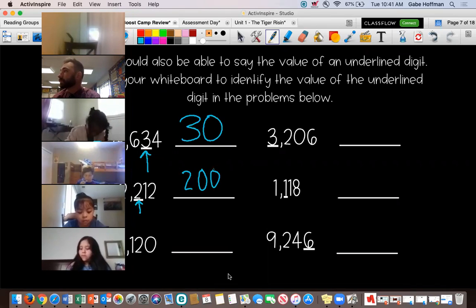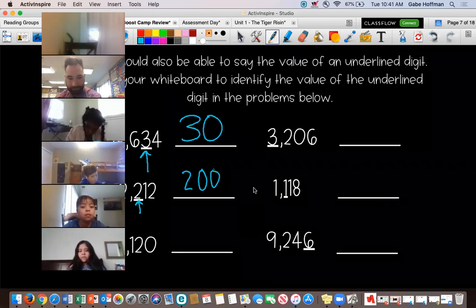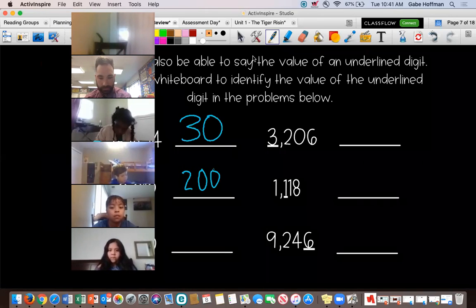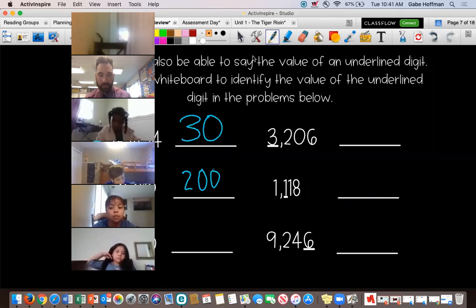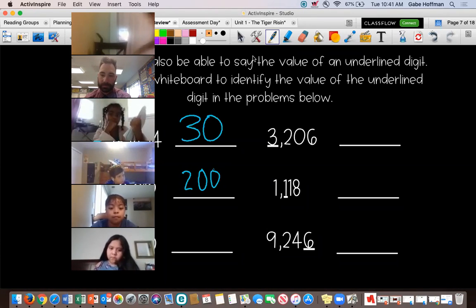All right, the one right below that starts with a 7. Write on your whiteboard the value. Give me a thumbs up when you're ready. Who can tell us in word form how you would say that number while some of you are writing it down?